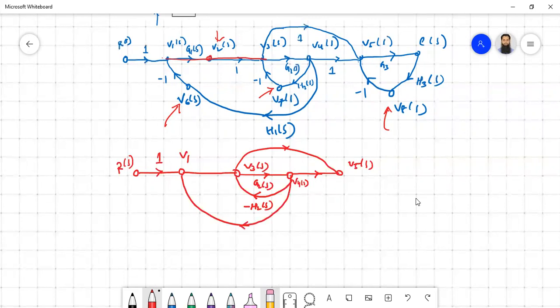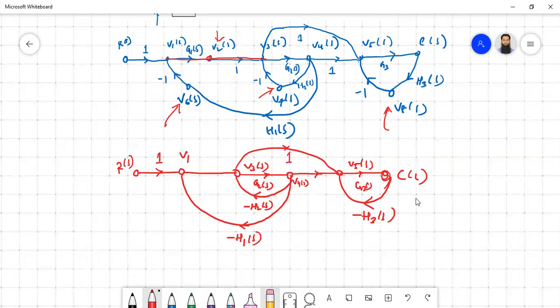Okay, so that is your minus H1 S, and then from V5 it is going through G3S to your output G3S, and also there is one of them. Okay, CS, this is your minus H3S. So this is your overall signal flow graph.